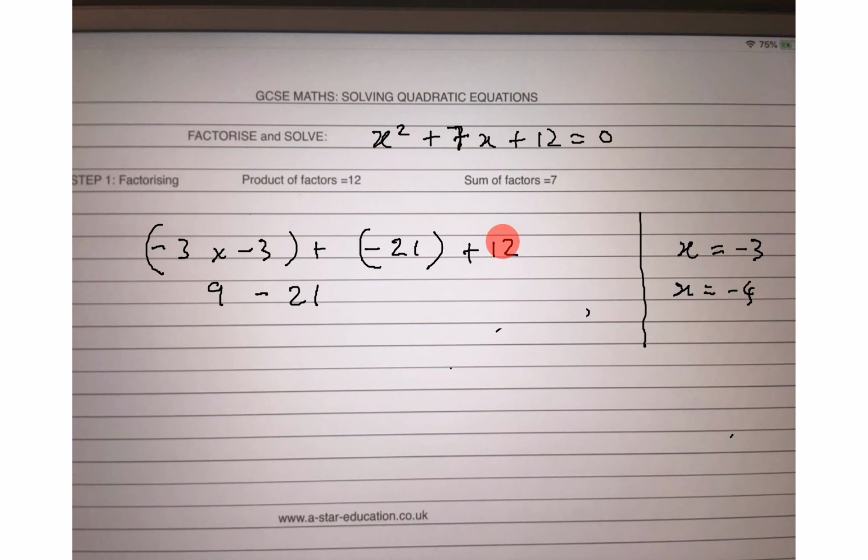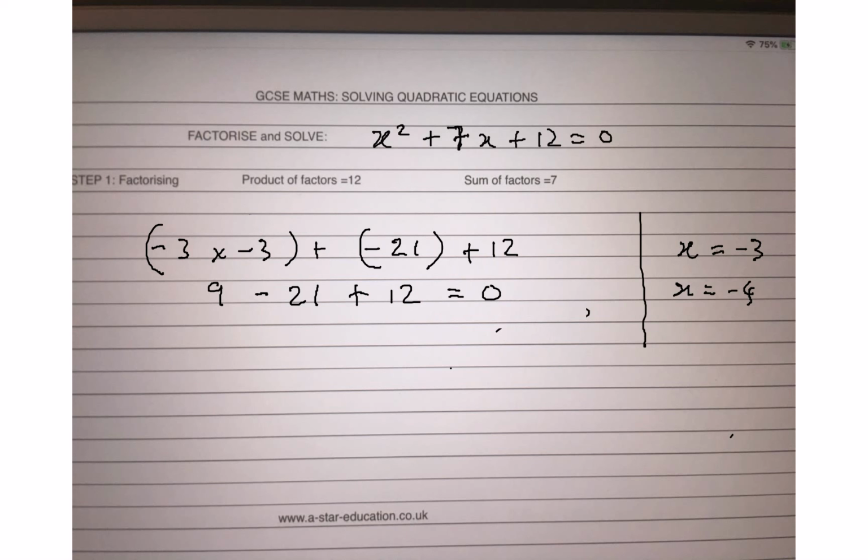And then finally we're going to add 12. And then we're going to tidy this up further and see if we get to 0. Okay, so we've got plus 9, minus 21, plus 12, which indeed does come to 0 when we tidy all of this up. Okay, 9 minus 21 plus 12 is equal to 0.